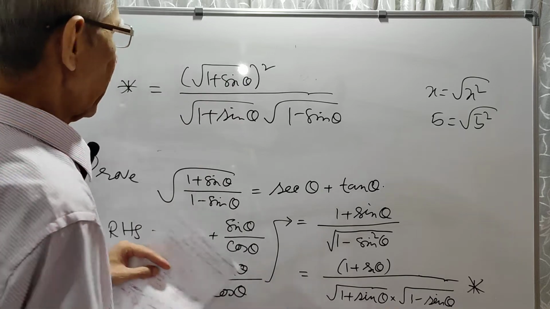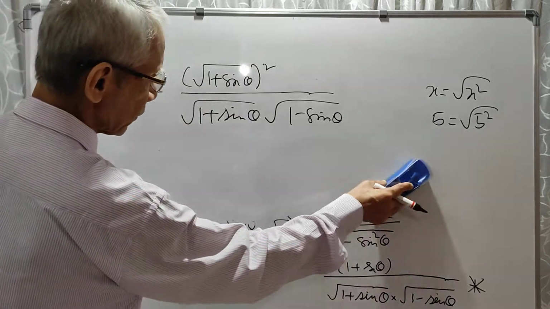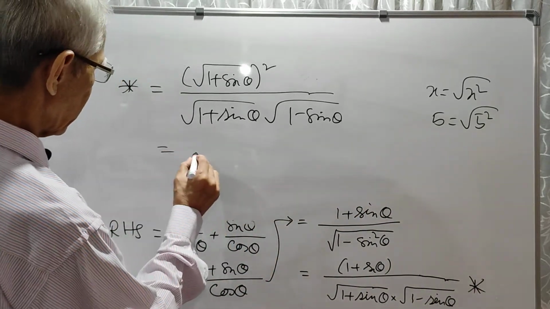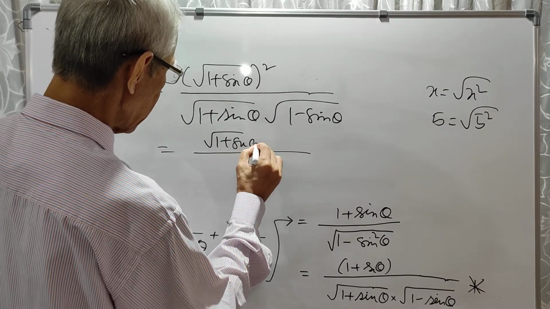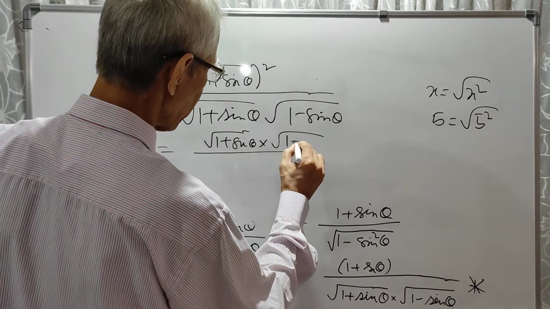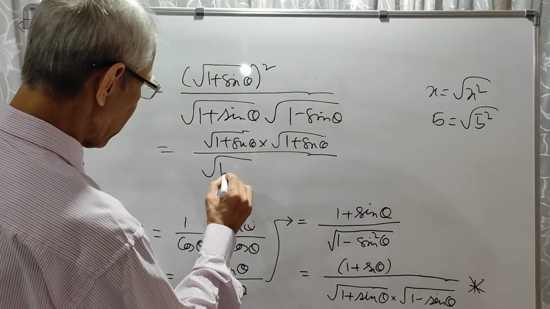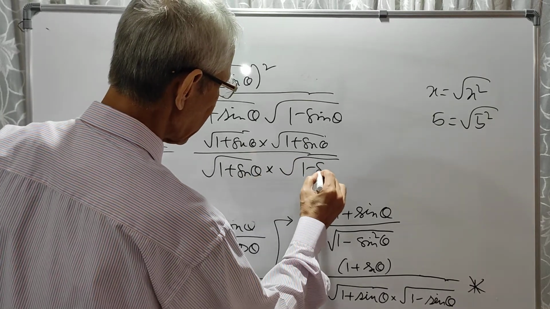All right, now this next step will be what? Yes, now see they will cancel, so this one will be root over 1 plus sine theta into root over 1 plus sine theta, and this one root over 1 plus sine theta into root over 1 minus sine theta.